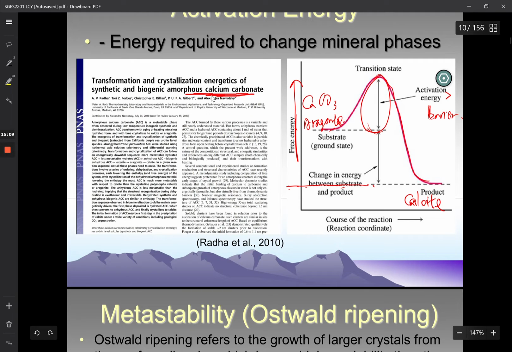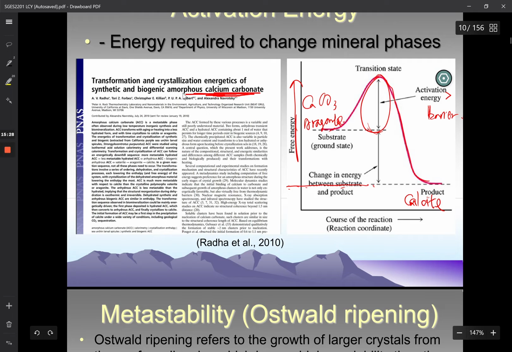It is less crystallized compared to a more solid or anhydrous phase, such as aragonite or calcite.